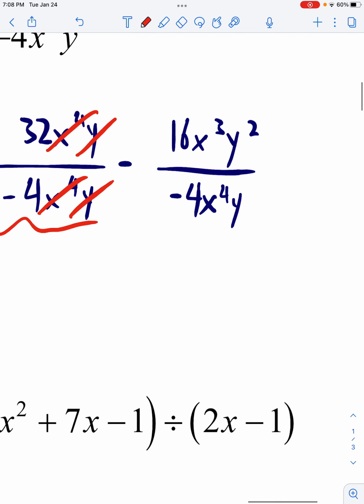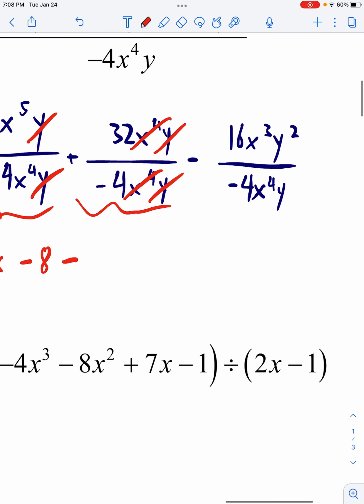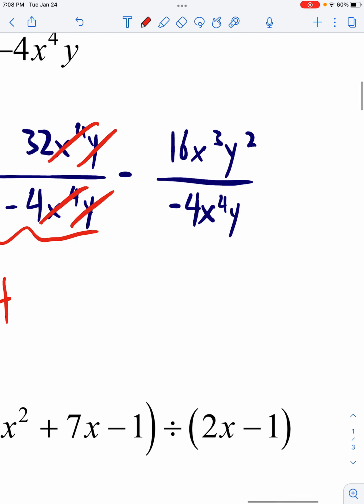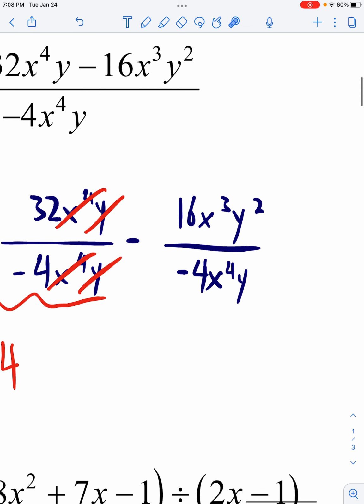Over here, okay, we're going to have minus. And then 16 over negative 4 is minus 4. So, okay, minus 4, right? That just becomes plus positive 4, okay? So I'm going to actually get rid of that second plus sign. So it's just going to be plus 4. And then x cubed over x to the 4th, okay?